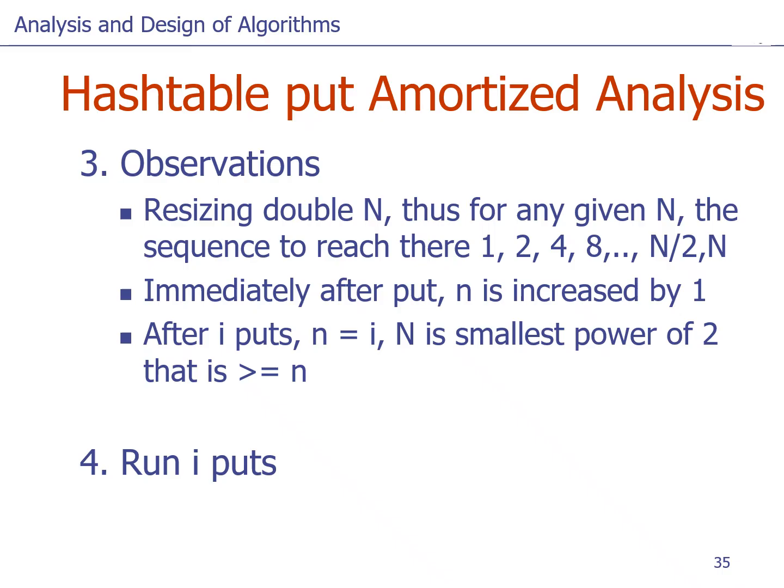Now, this is another important observation: big N is the smallest power of 2 that is greater than or equal to small n. Perhaps out of all of these observations, this is the one that students face difficulty understanding.